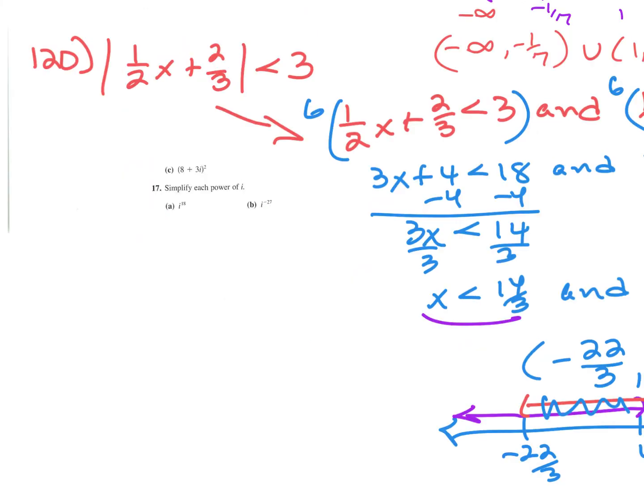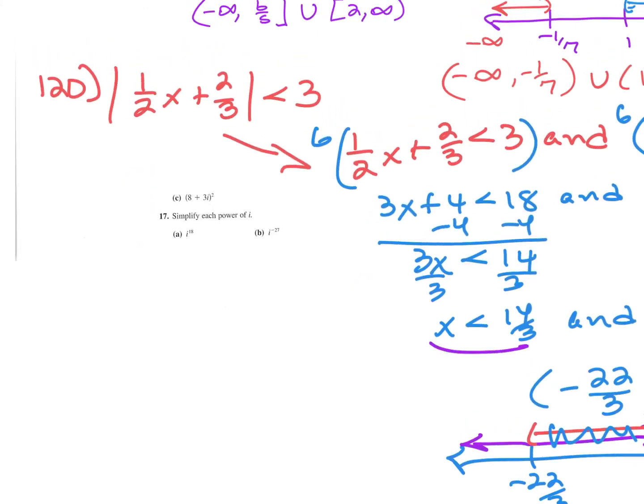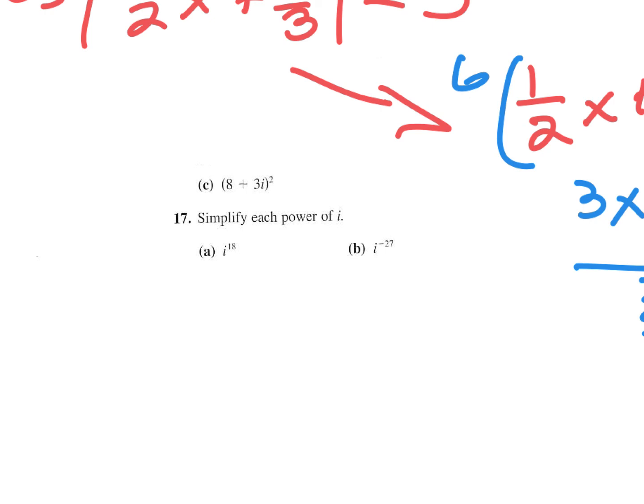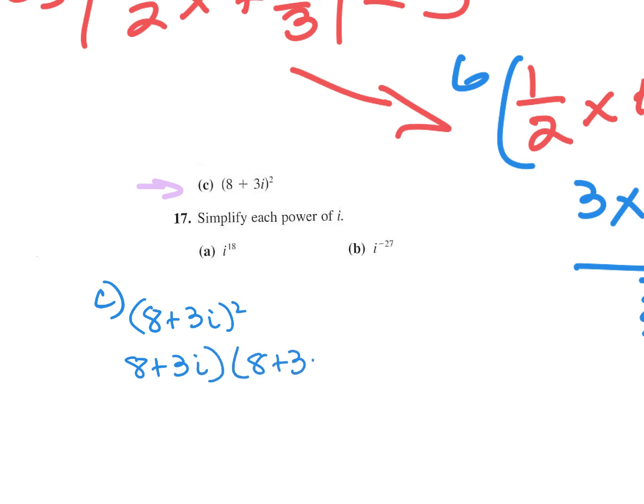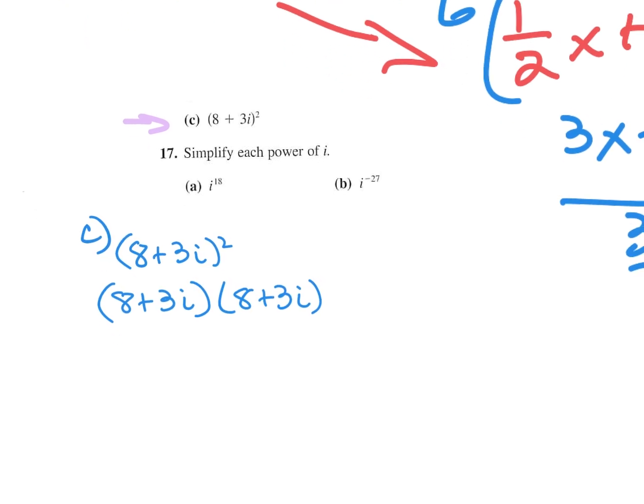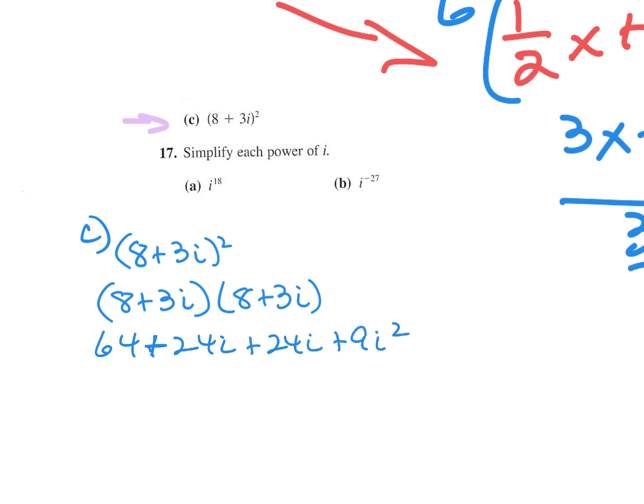Okay, and then we also have 3 problems here down at the bottom, some more i practice. So we have this C here. So here, (8 + 3i) squared. I'm just going to write it twice and FOIL it. First gives me 64. Outside 24i, inside 24i, and last 9i squared.